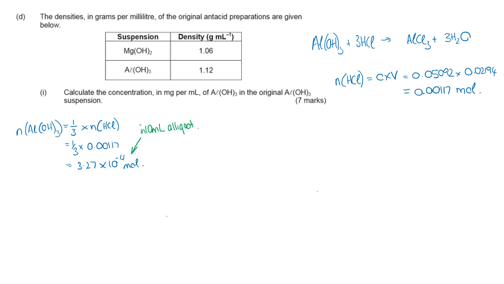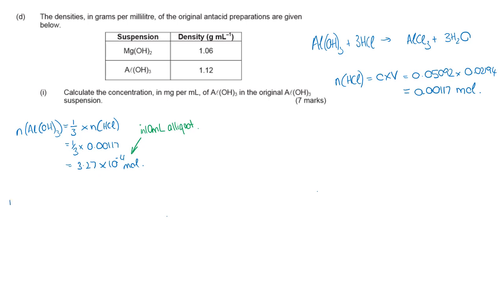So we need to go and look at what the original suspension was. So the first thing we're going to do is go from the aliquot to the full sample. Now, if you remember the question from the previous page, it said that it was a 20 gram sample that was dissolved in water or made up to the mark in a 250 mL volumetric flask, and 10 mL aliquots were taken. So that means we need to step it up.